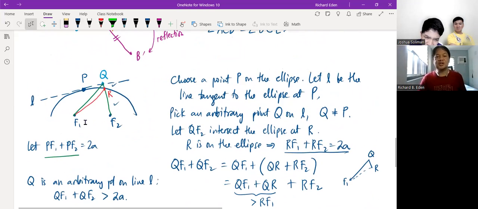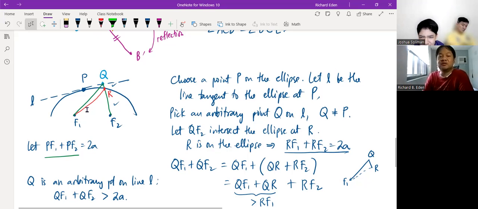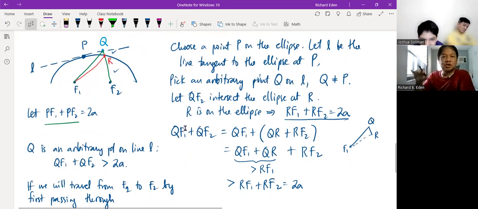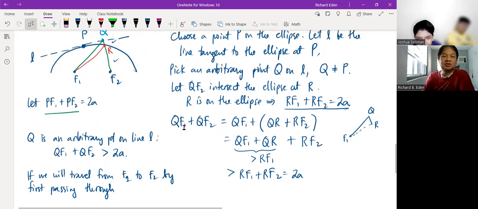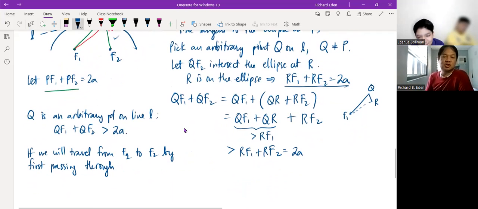If you're going to travel from F1 to F2 through any point on that line L, the minimum path will have to be at point P. How do you know we will achieve the minimum path at point P? Because if we take any other point Q on the line, the sum of the distances will always be larger than 2A.